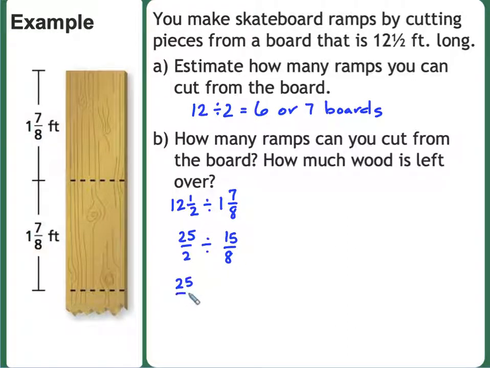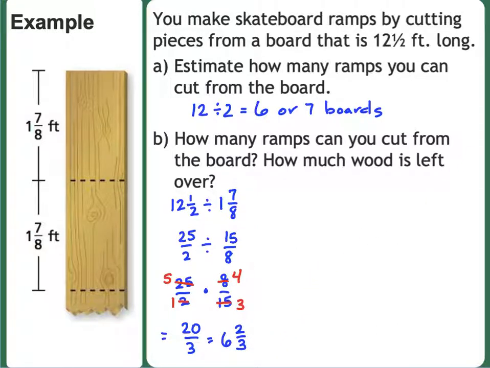Now go ahead and keep, change, flip. Then let's simplify before we multiply. So 8 and 4, 25 and 15 are both divisible by 5. So we get an answer of 20/3, which is 6 2/3.